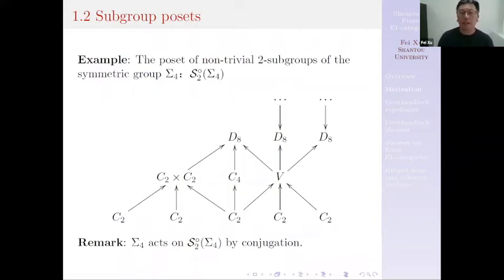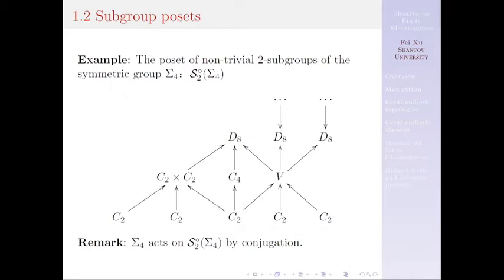It's slightly different from the symbol Jesper used yesterday, but a circle here means I remove the trivial subgroup, and this is part of the poset. So D8 is a dihedral group, V is the Klein 4 group, and C4 is the cyclic group, and C2 is also a cyclic group.